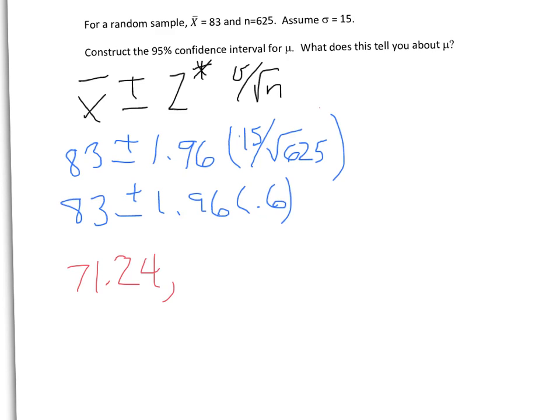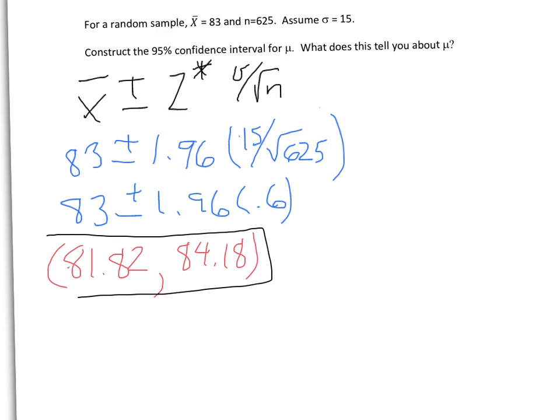So this first one's wrong. 81.82. And the second one, when I add them together, 84.18. So this is my 95% confidence interval.